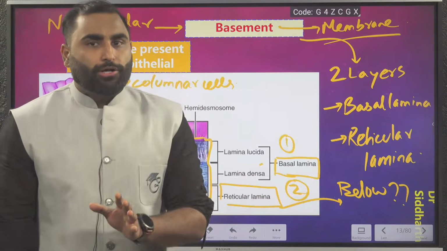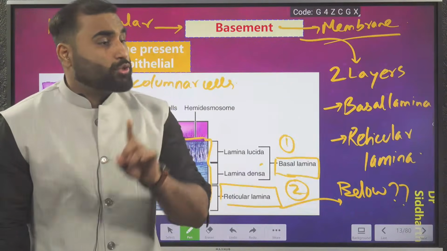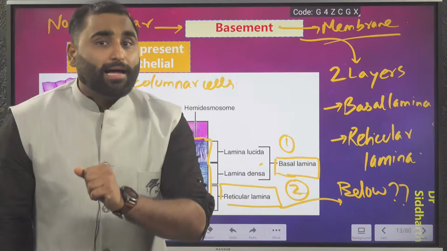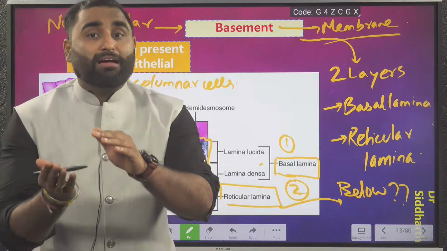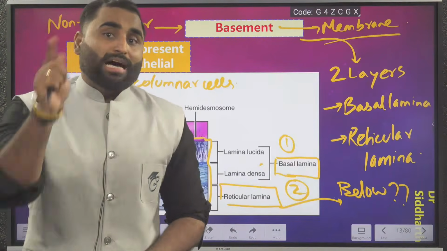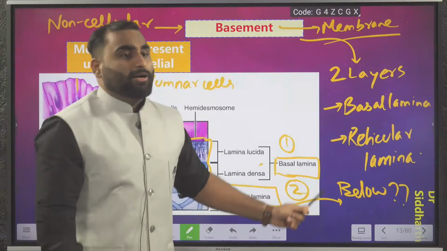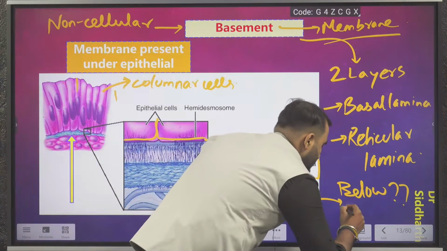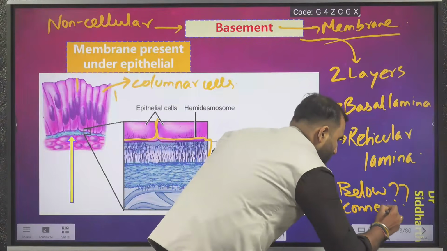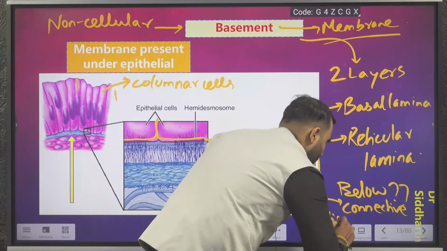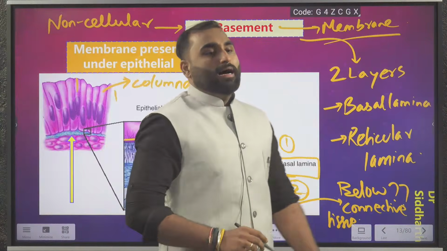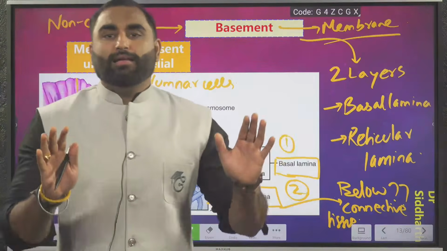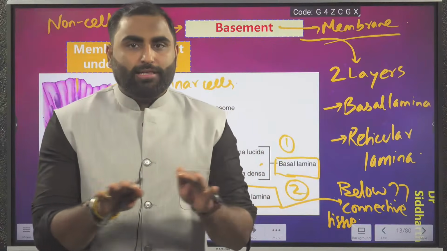And just now I told you that epithelial tissue is avascular. It doesn't get direct blood supply. It gets blood supply from connective tissue. So when I ask what is below the reticular lamina, the correct answer is the connective tissue. Are we clear with this? So remember, all the epithelial cells are not floating in the air.